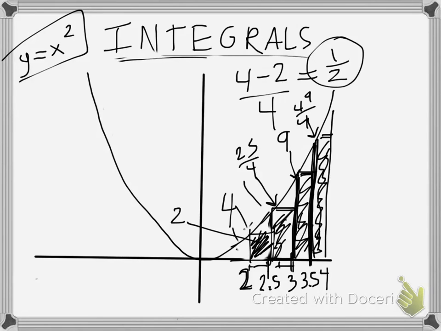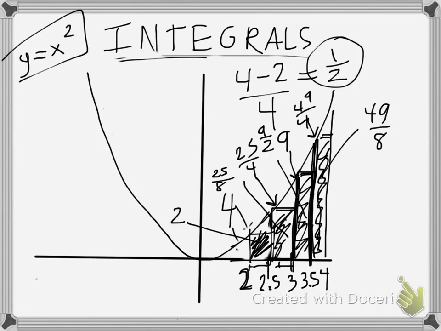The area of this one would be 25/4 times 1/2, which would be 25/8. The area of this one would be 9 times 1/2, or 9/2. And the area of this one would be 49/4 times 1/2, or 49/8.